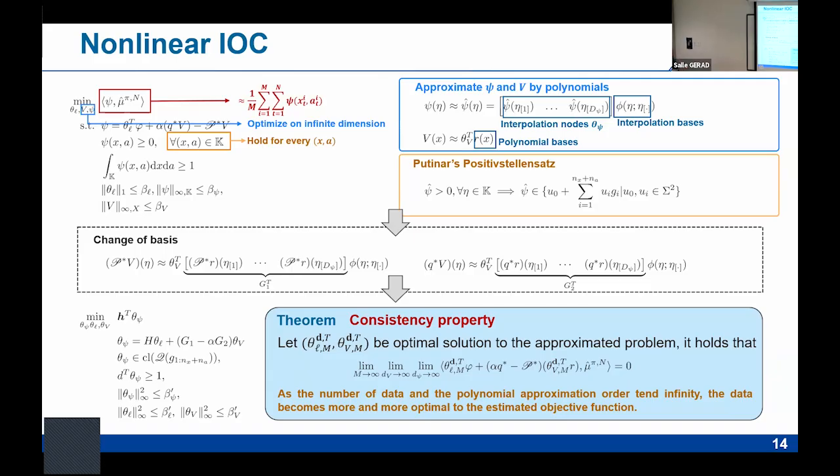That's a very difficult problem to tackle. The best we can do is use Lasserre's framework, the sum of squares polynomials. But there's a huge but here. Your dimensions will blow up exponentially fast, because even if you have two interpolation nodes for one x dimension, that is 2 to the power of n.